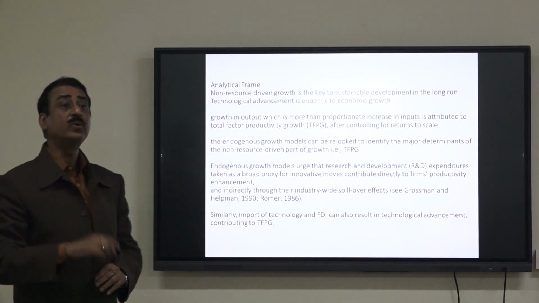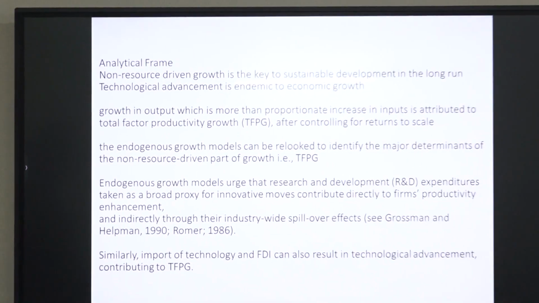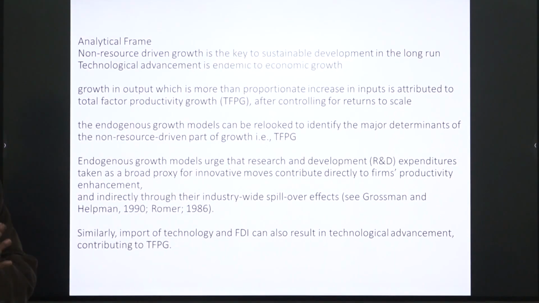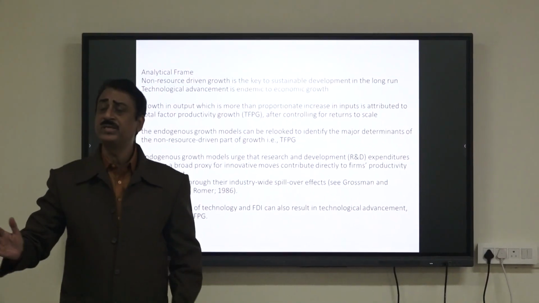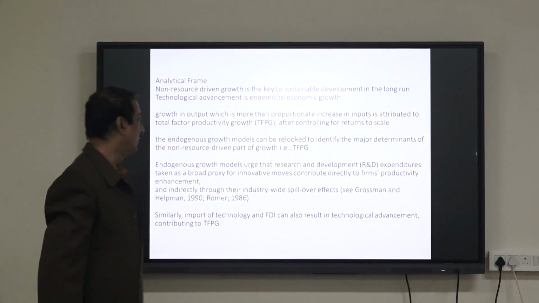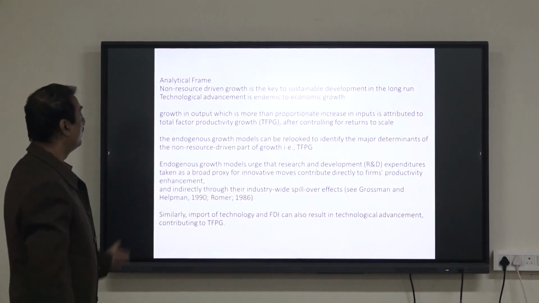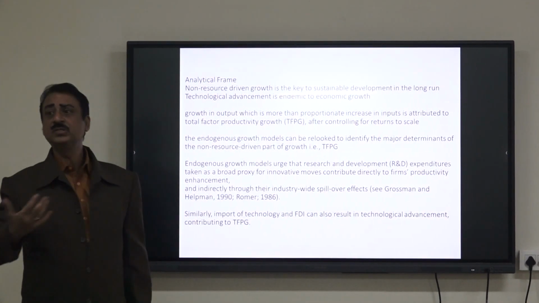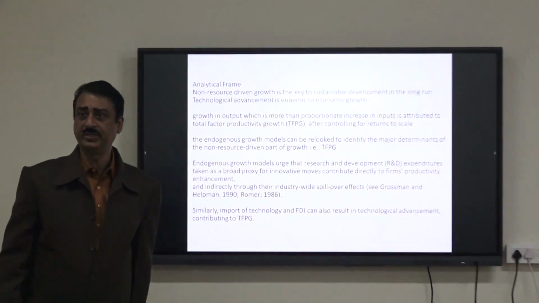He was the first one to harp on technological progress. But then we see that there are many other factors which also determine your total factor productivity growth. So one class of literature emerged that is called endogenous growth theory.